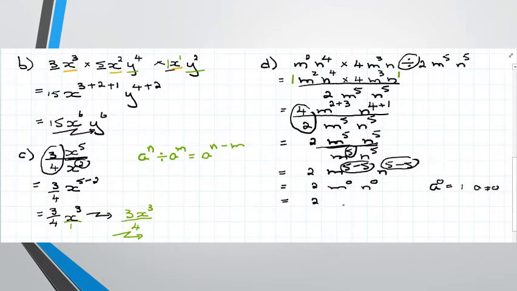Very important one. So we're going to have m to the 0 multiplied by 1, and n to the 0, similar thinking as that statement we had there before, is going to become 1. 2 times 1 times 1 is going to give me an answer of 2. That is if I do it strictly by the rules all the way.